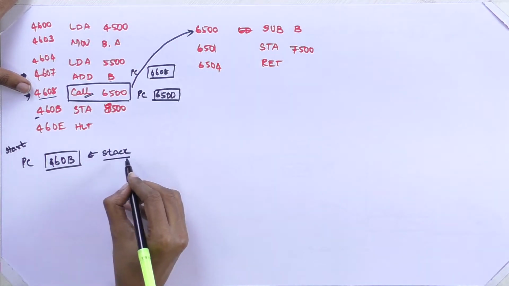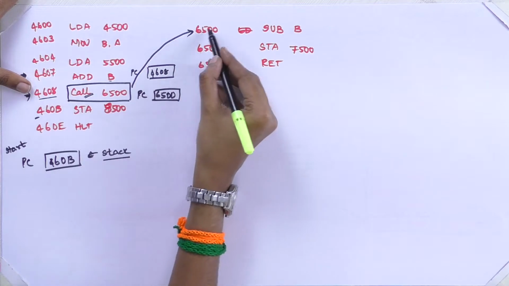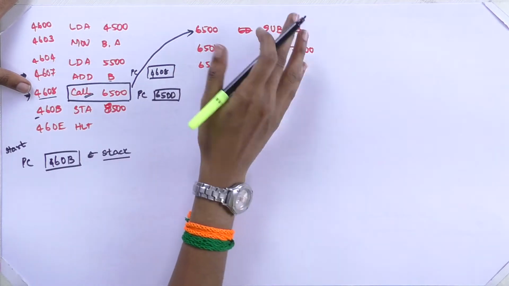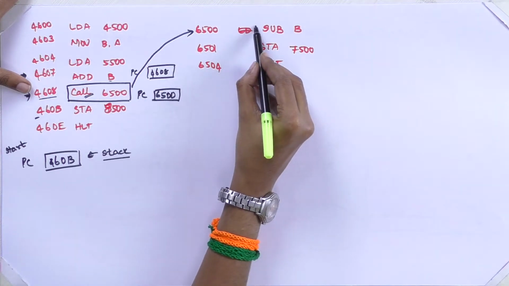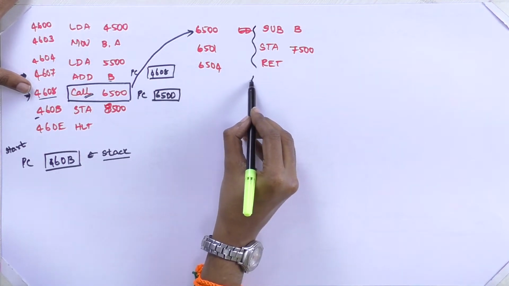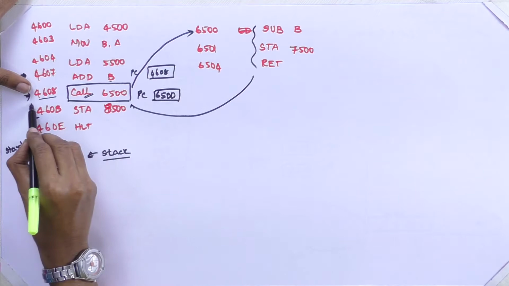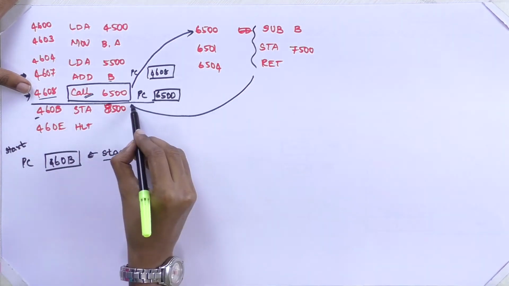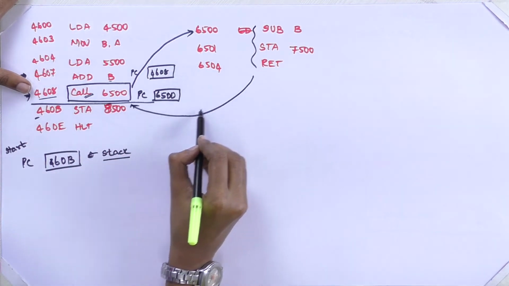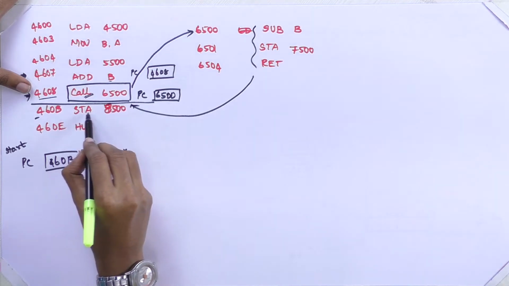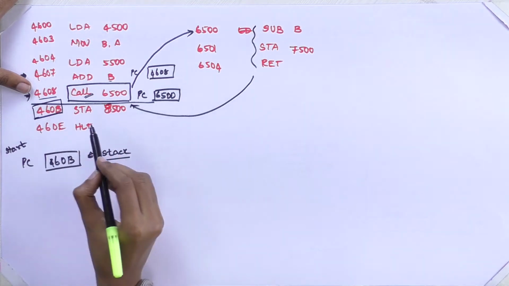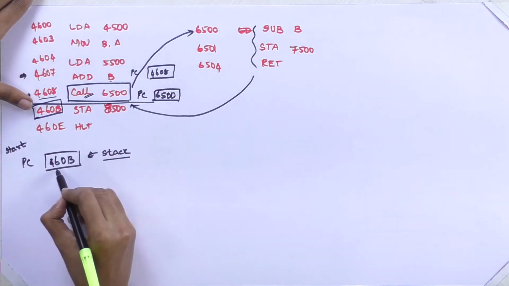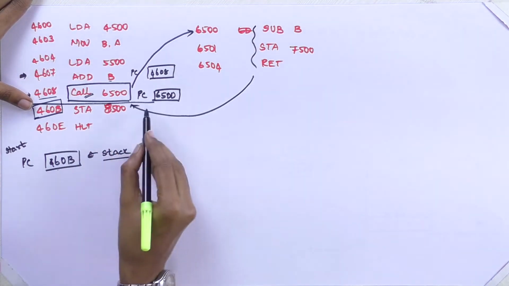Why is it stored in the stack? When it jumps to this address, it will execute the lines there till the end. At the end, it should return to the address where it left off, because the execution stopped here. So we should store this address in memory, so we know the return address.